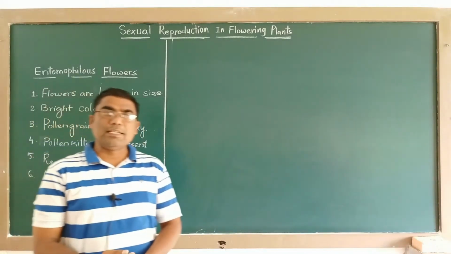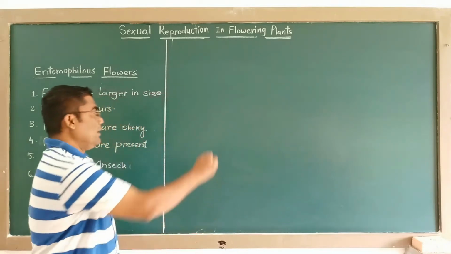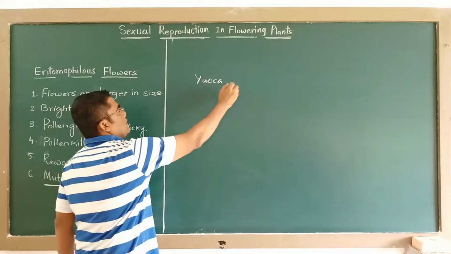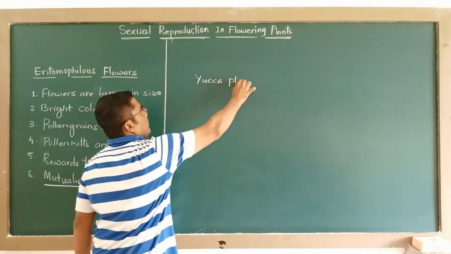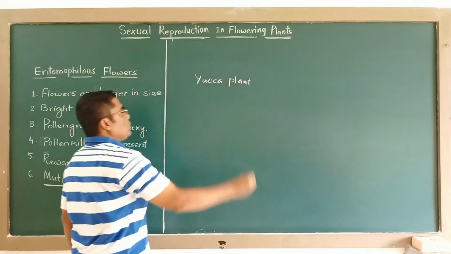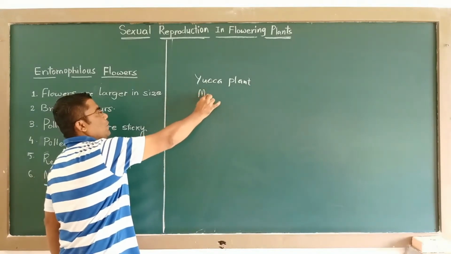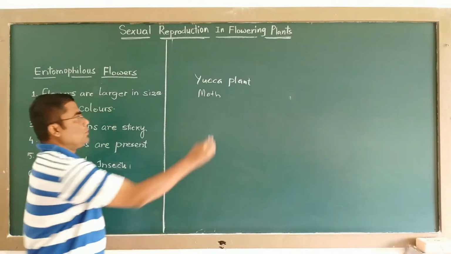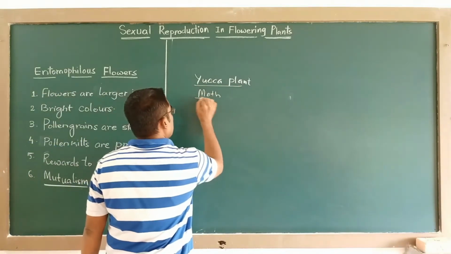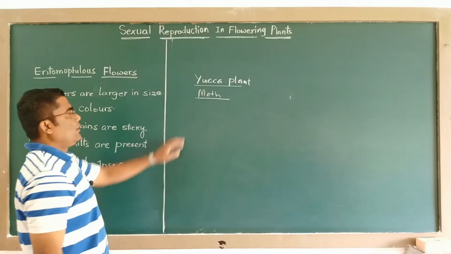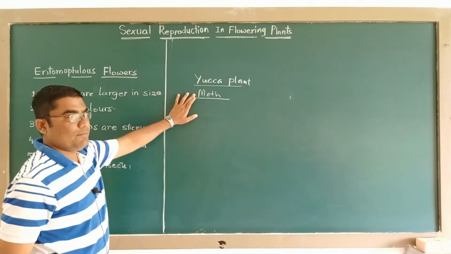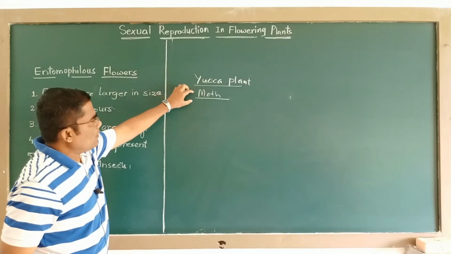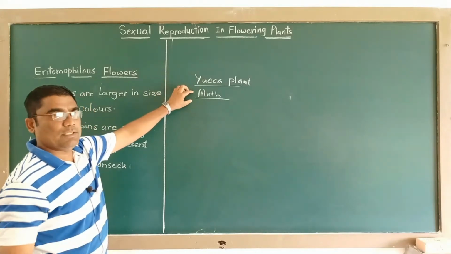A very good example is observed in the yucca plant. This yucca plant shows mutualism with one type of insect, commonly called a moth. The moth is a type of insect. The yucca plant is dependent on this moth for its pollination.